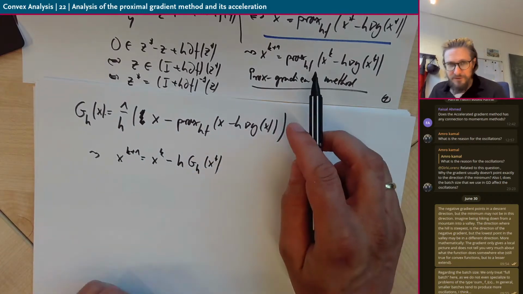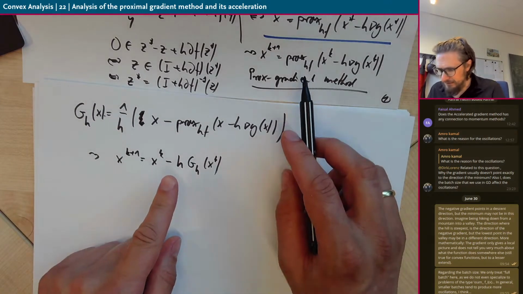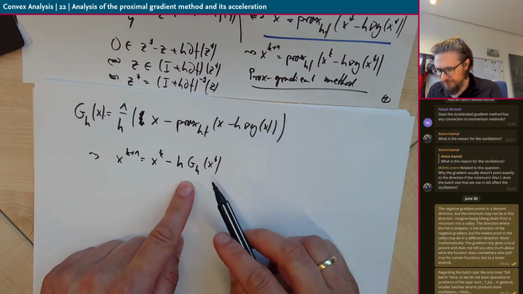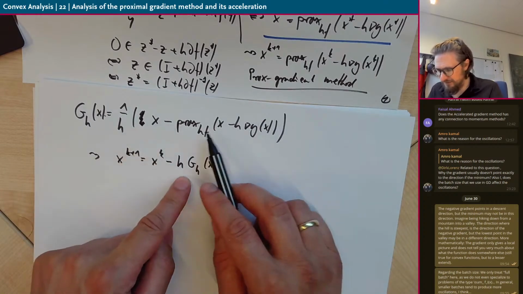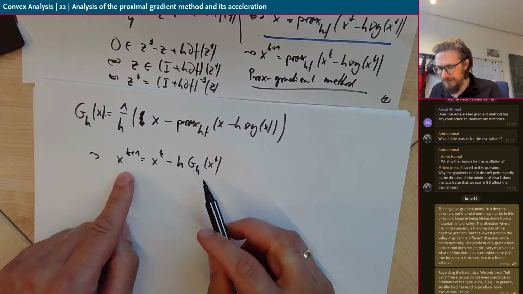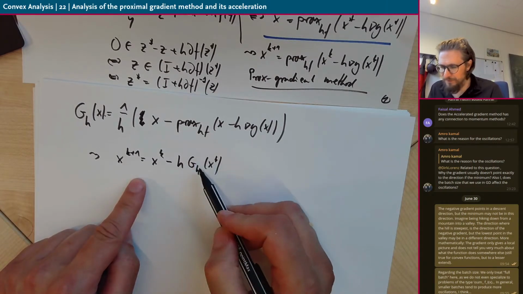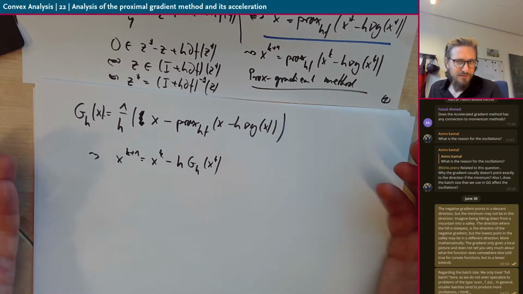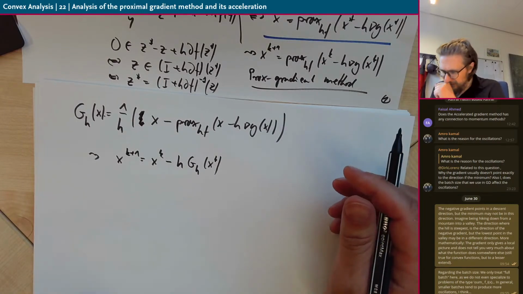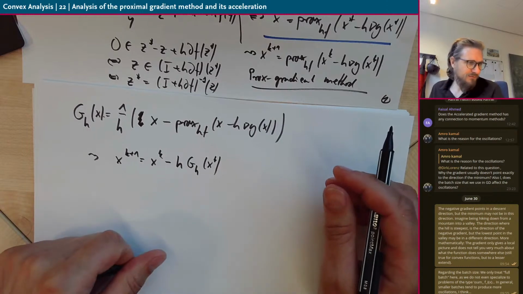Just look at this iteration and you see that these two things are actually the same. If you write that down, the h cancels, the x cancels, and you end up with the box here. So this very much looks like the gradient method. If this were the gradient of a function, it would be just the gradient method for something else. But in general it's not the gradient of something as far as I know, so we have to analyze it differently.